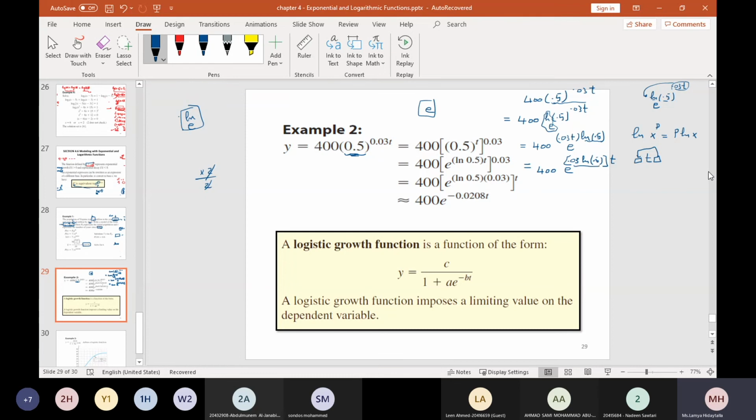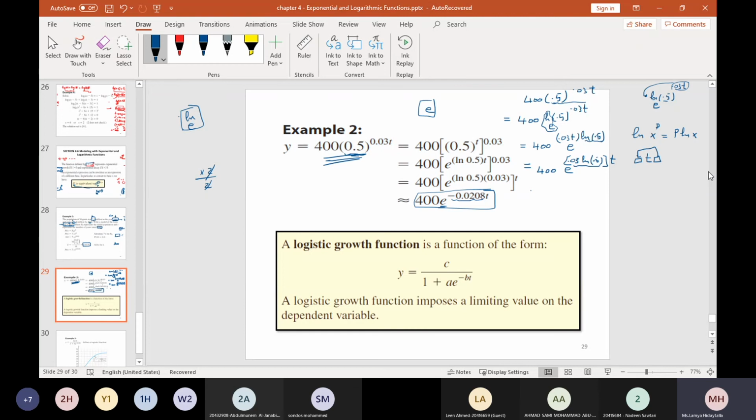Using the calculator we evaluate this number, he evaluated it and got this value. So this function is equivalent to the original function, but we wrote it in terms of another base.